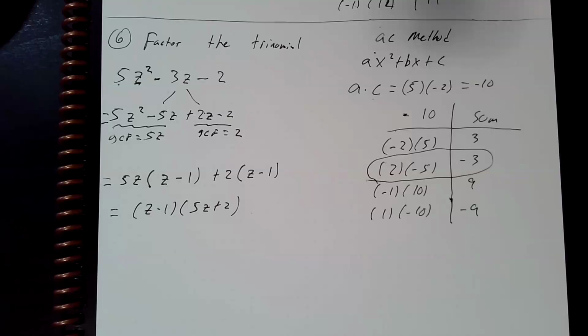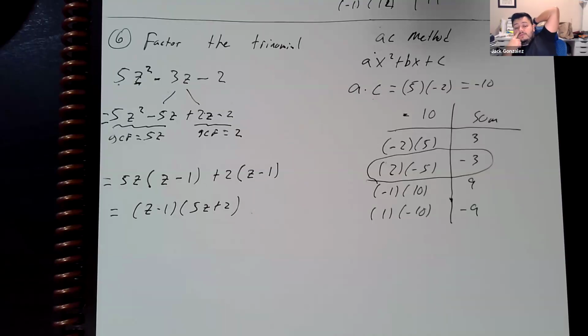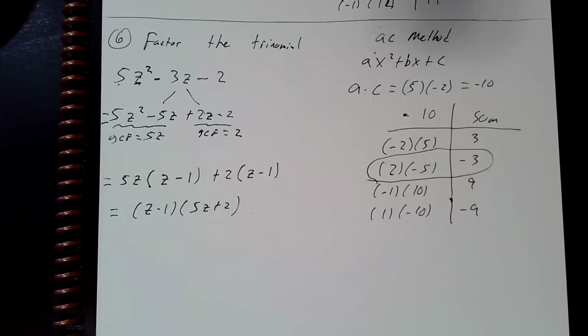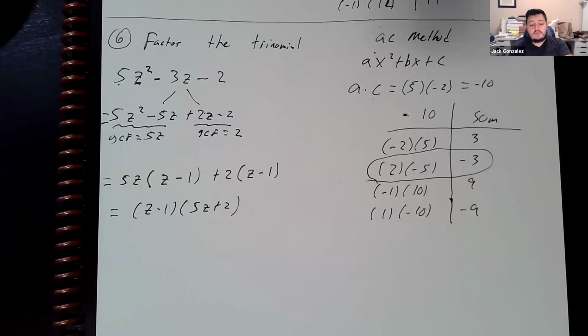Z minus 1, 5z plus 2, yeah. 5z plus 2. I put lines through my z's to distinguish them from 2's. Any questions on AC method?